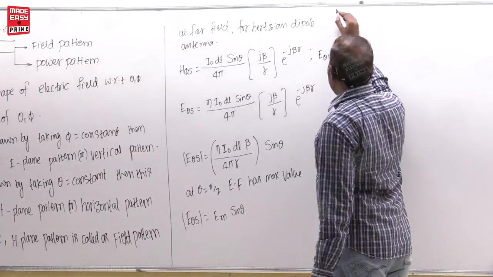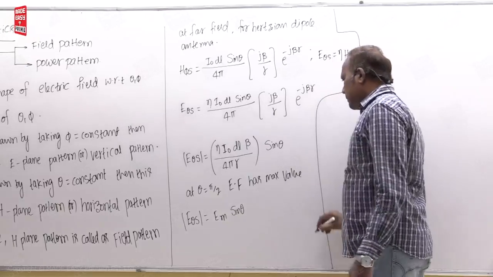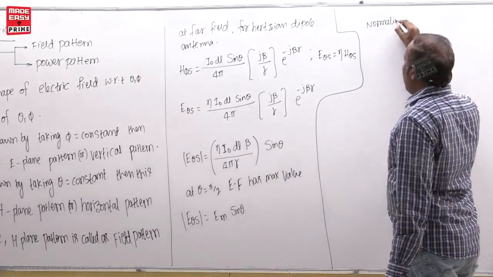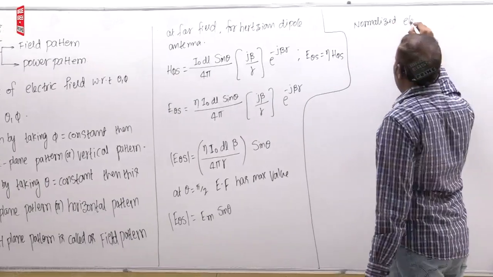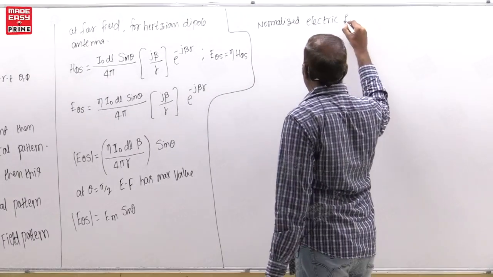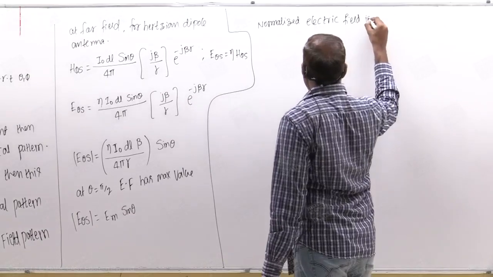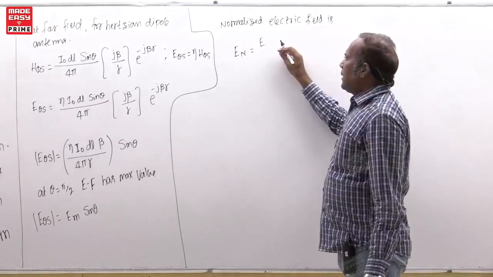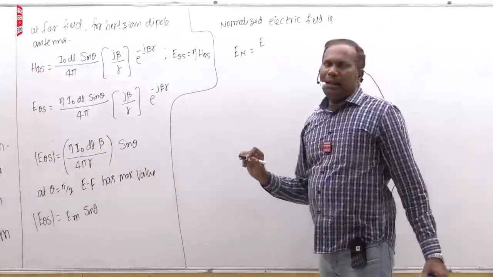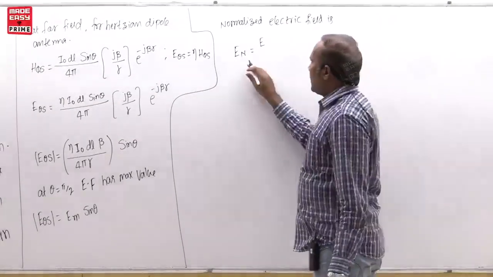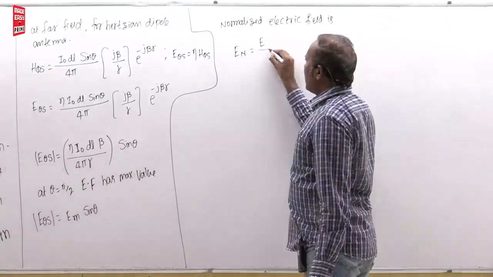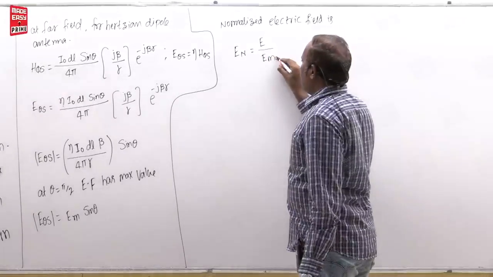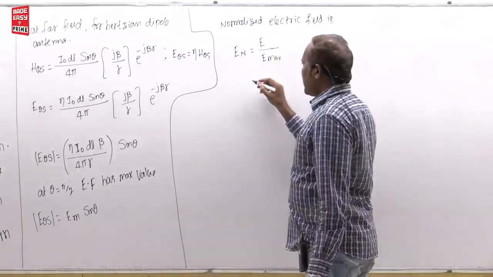Now, normalized electric field is defined like this. Normalized electric field En is equal to electric field divided by maximum electric field. So electric field divided by maximum electric field is defined as normalized electric field.